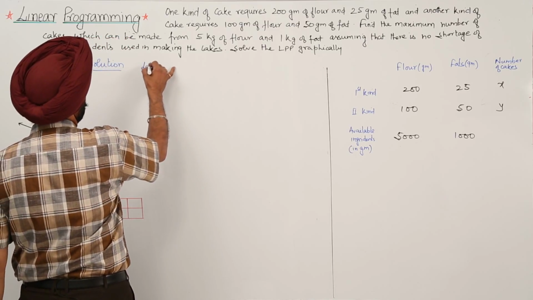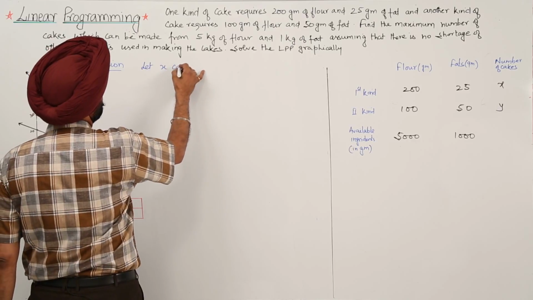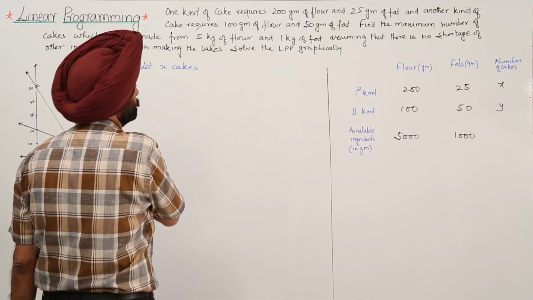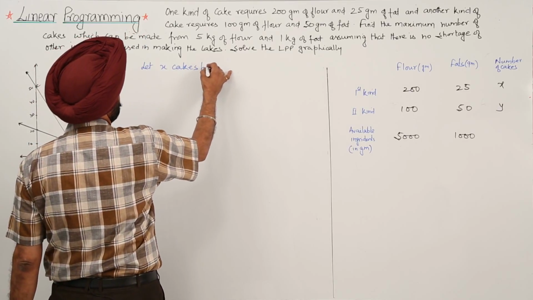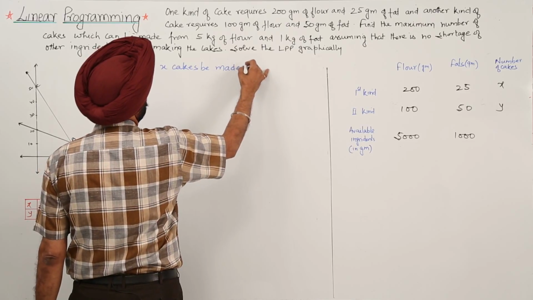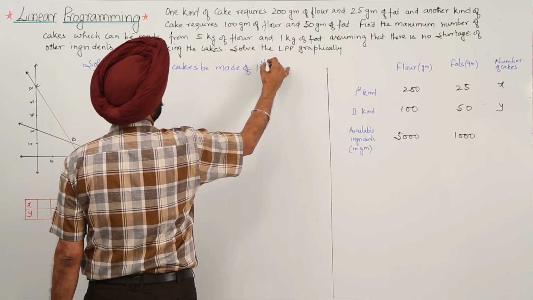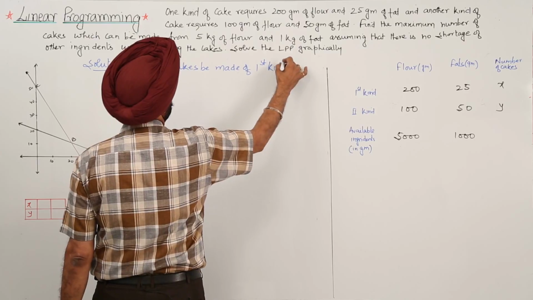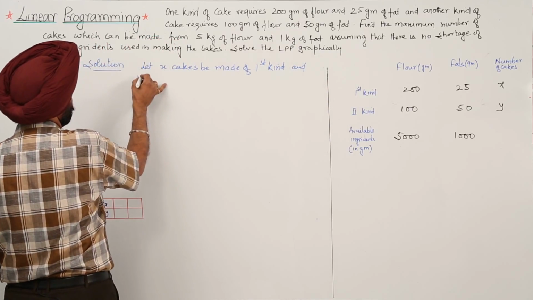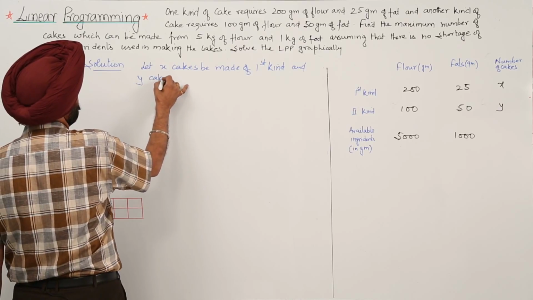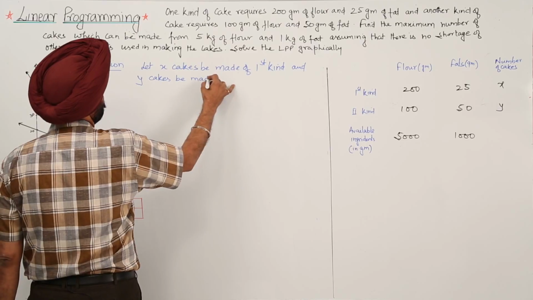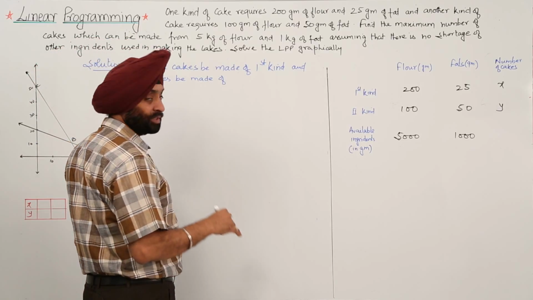Let X cakes be made of first kind and Y cakes be made of another kind, means second kind.